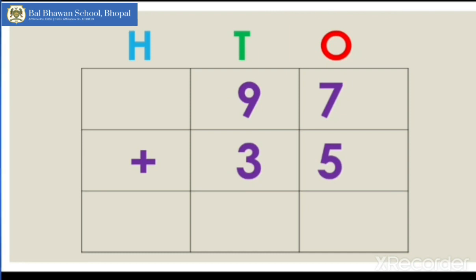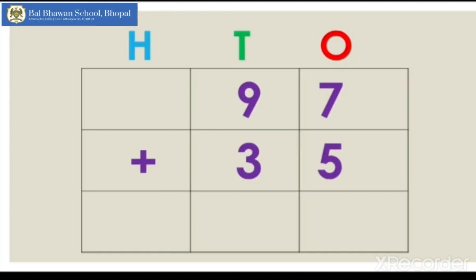We will follow the same rules. First we will start with the digits given at ones place. The digits are 7 and 5. So count 5 times after 7 for adding. Count along with ma'am. It is 8, 9, 10, 11 and 12.